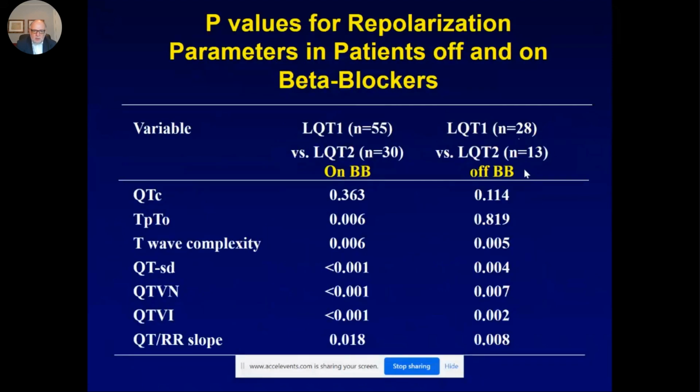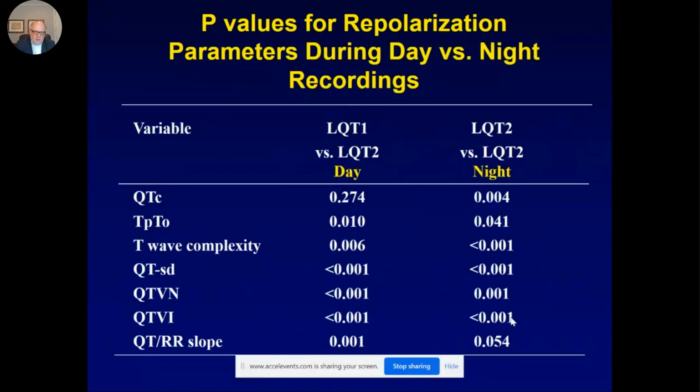The question could be asked, what about people who happen to be off beta blocker versus on, especially looking at those variability parameters. You see that in both cases there are differences between these groups. So even among people who have been off beta blockers at the time of recording, they still have significantly higher variability in LQT2 versus LQT1.